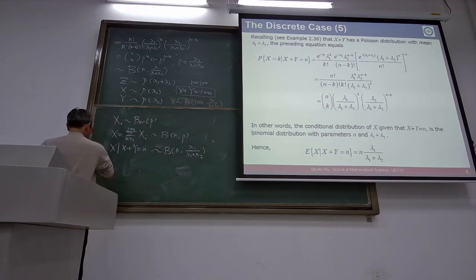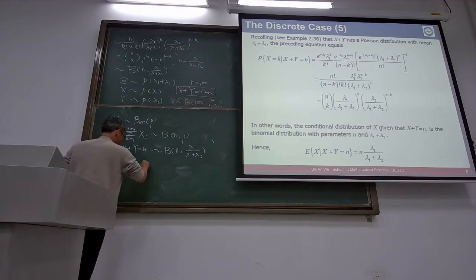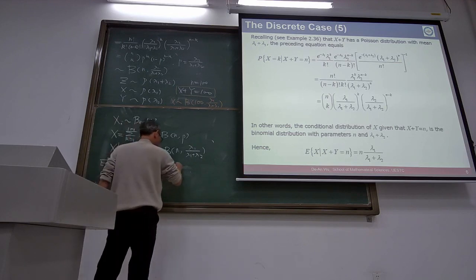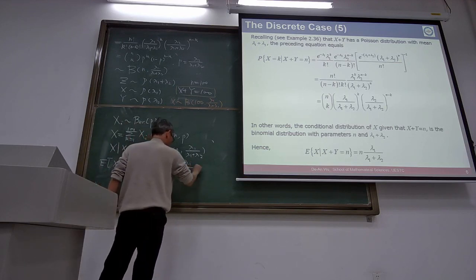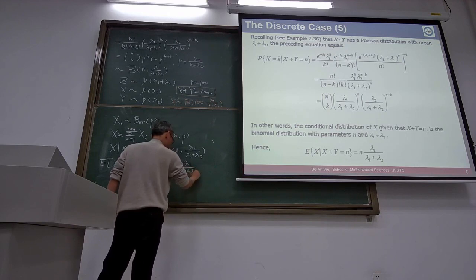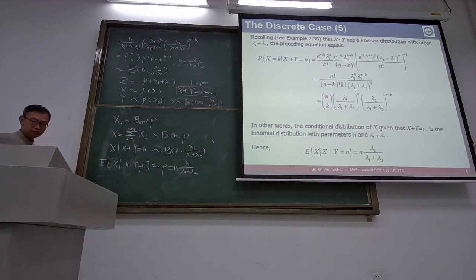So the expectation of x given x plus y equals n just equals np, that gives n times lambda 1 over lambda 1 plus lambda 2. Okay.